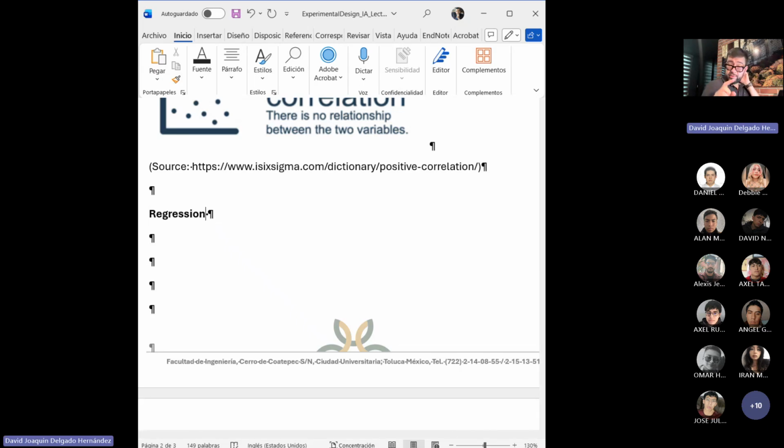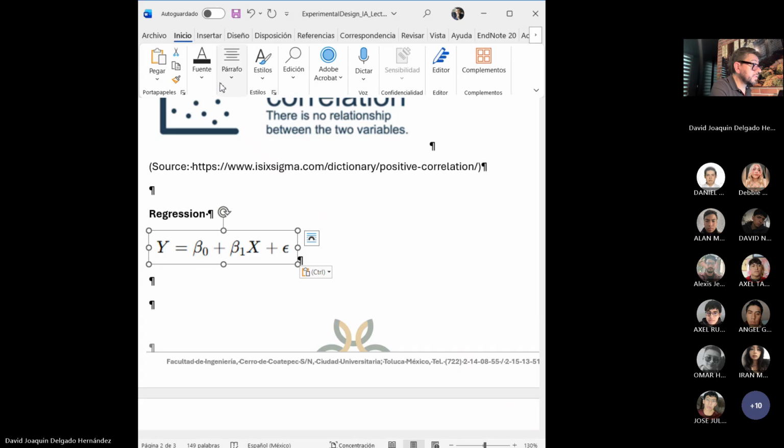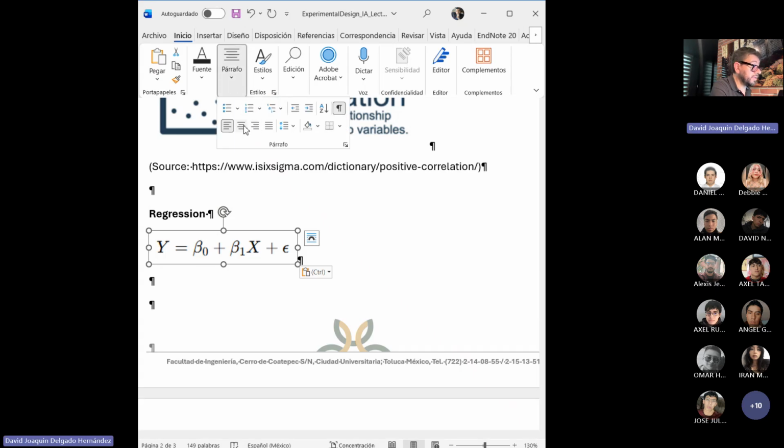In this case, we are going to see for the time being just the linear model, okay? So here is the aspect that this model will have. It is something like this, okay? So this is the linear model.